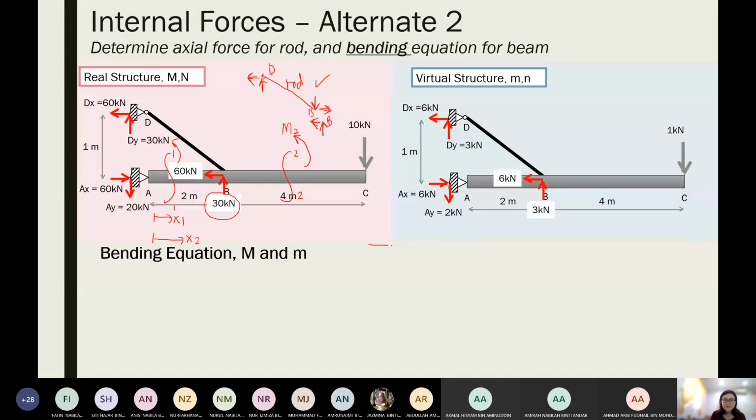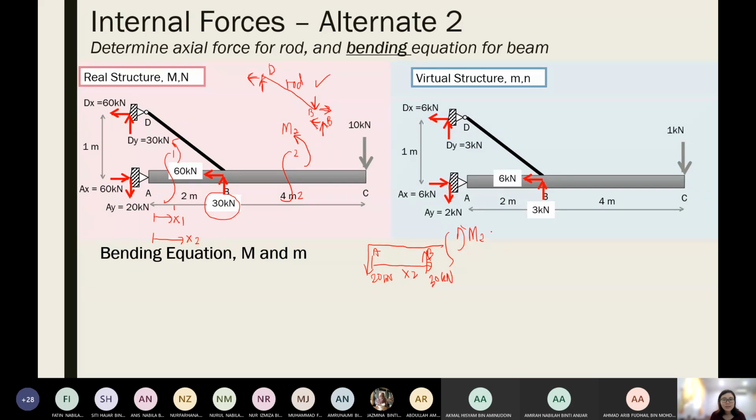So for this x2, you have A, you have B, and you have a cut section, and you want to find M2. At A, you have 20 kilonewton. The 60 kilonewton will not affect anything, but at B, you have 30 kilonewton.